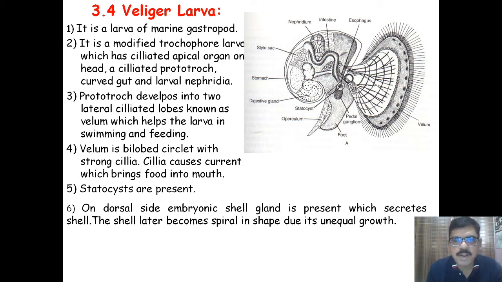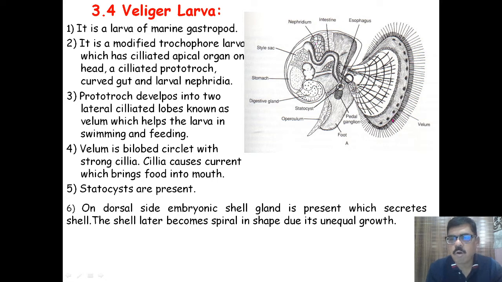It is a modified trochophore larva which has a ciliated apical organ on the head region, and that we call the prototroch. Then it has the curved gut and the larval nephridia.